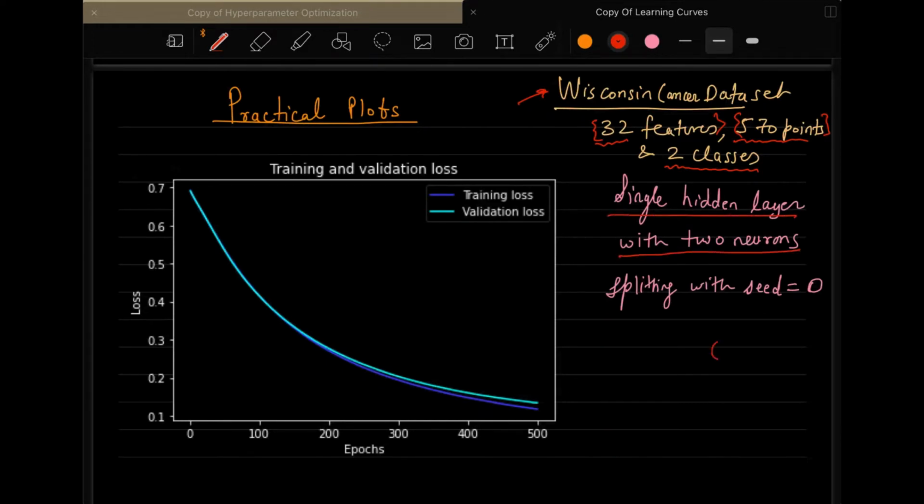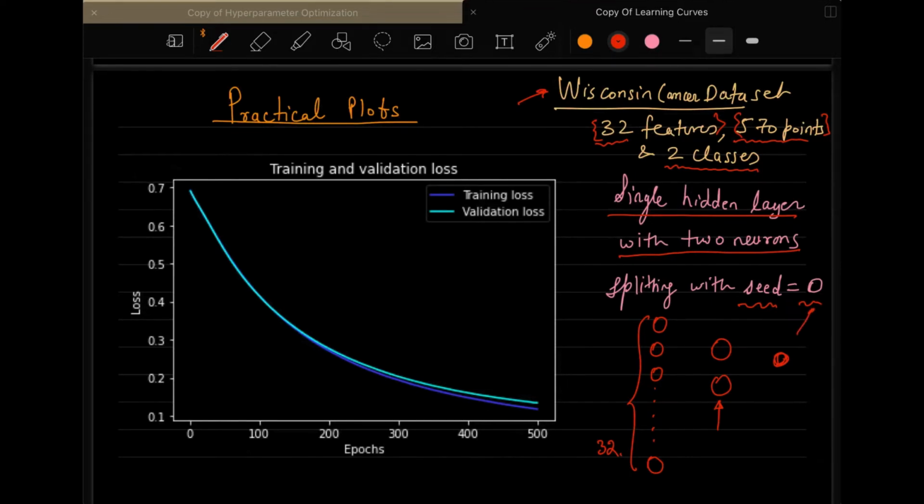At the input, how many inputs will be there? It will be 32, and we have 570 points, and I am creating this neural network with a single hidden layer with two neurons. I am splitting the training and validation data using a seed of 0. This is the initial seed that I have taken.